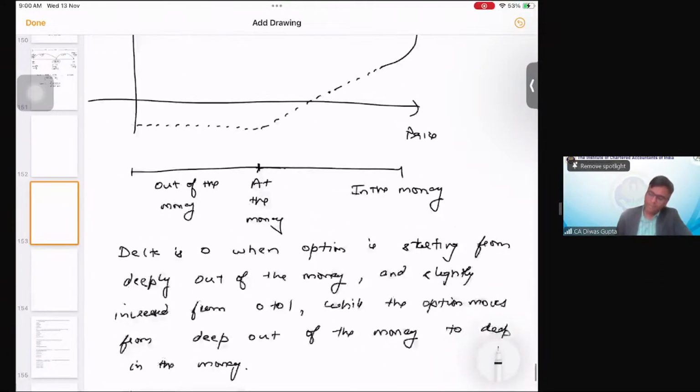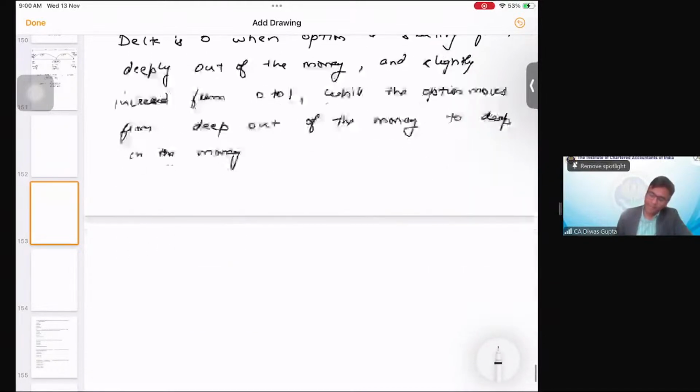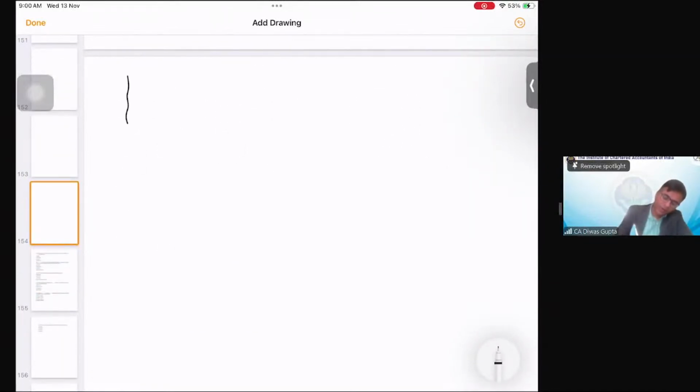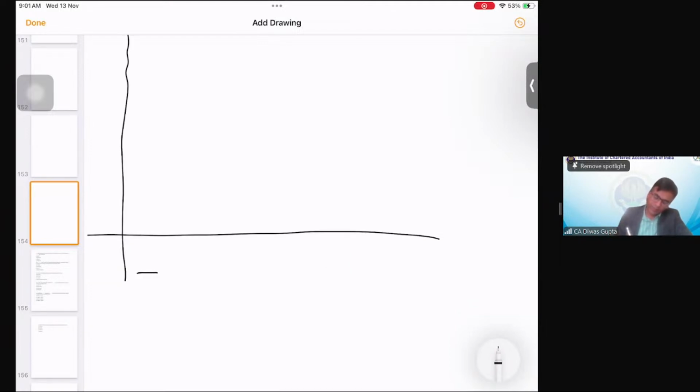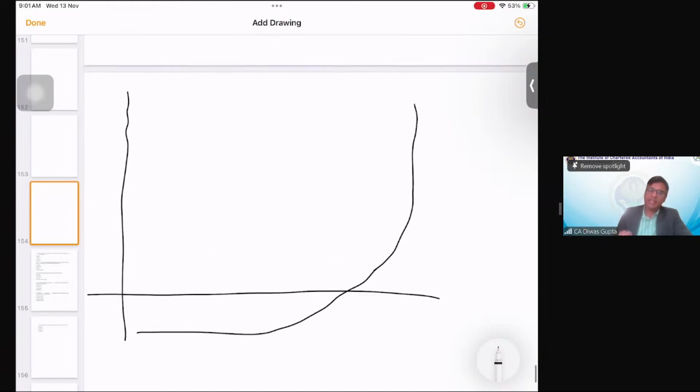Okay, so here what is happening? See what is delta called as for this line. Delta is actually the slope, right? Once the line is horizontal, slope is equal to 0.